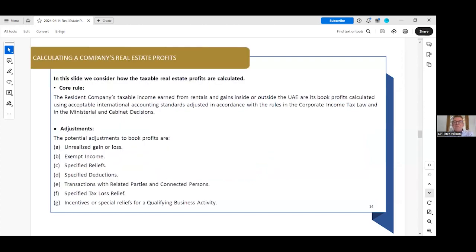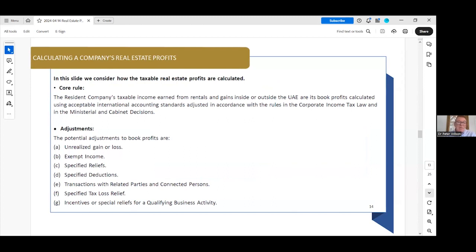Calculating the company's real estate profits. Not really significantly different than calculating any company's taxable profits. You're going to start with the IFRS book profits, and then you're going to make any adjustments.